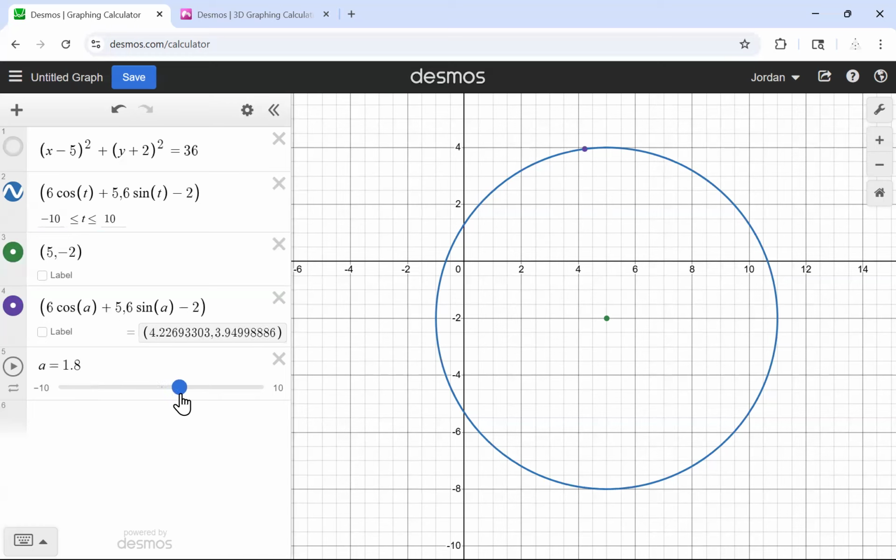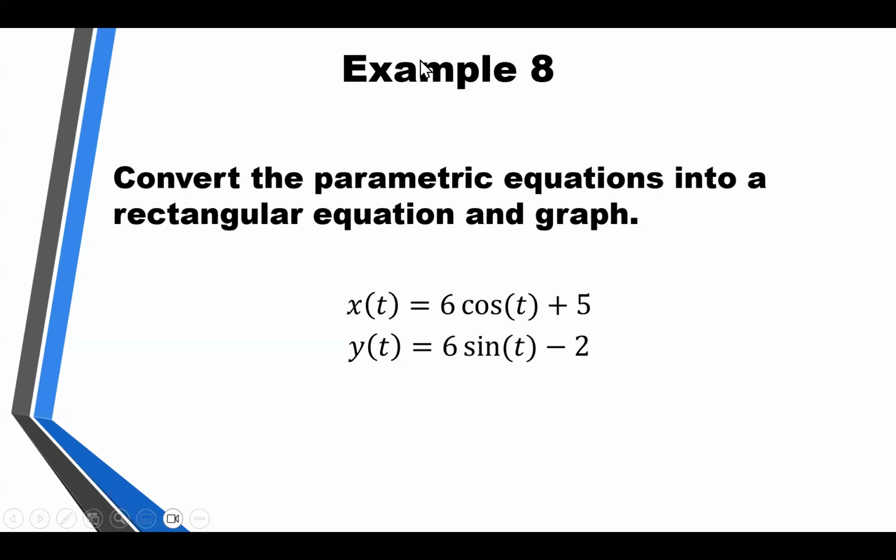And so we can see that purple point moving around our circle. This example gave me a circle of radius 6.